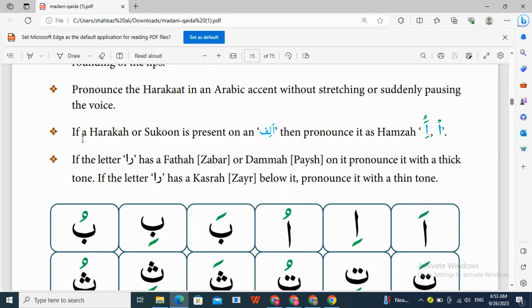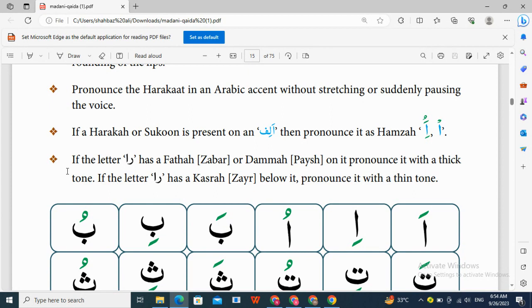I repeat again: if a haraka, and this is haraka, is present on alif, then pronounce the alif as hamza. Don't read alif zabar a, alif zer e, alif pesh u. Just read hamza zabar a, hamza zer e, hamza pesh u. Okay.